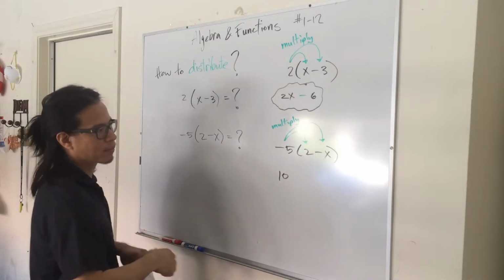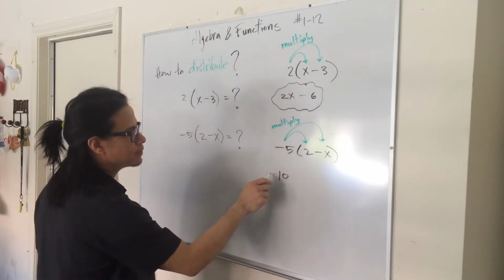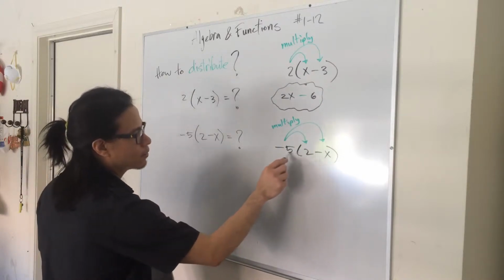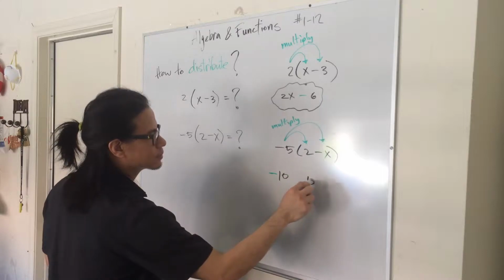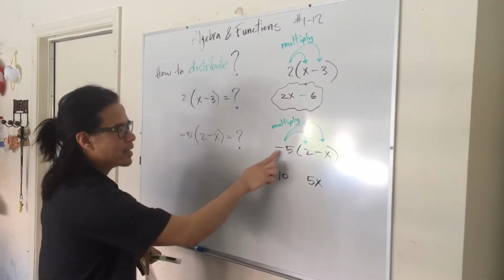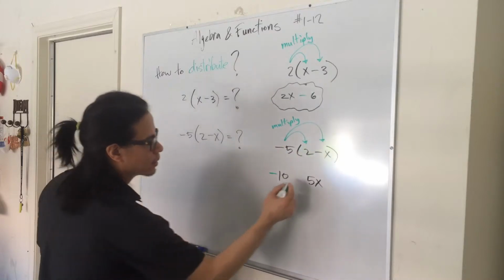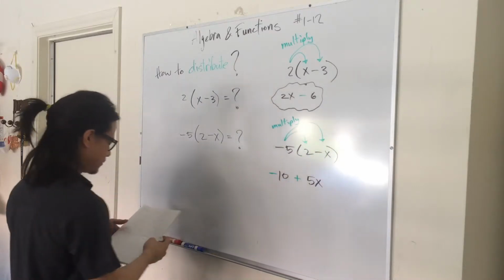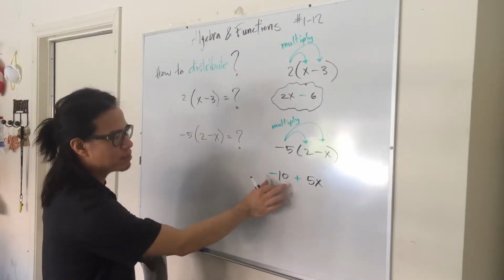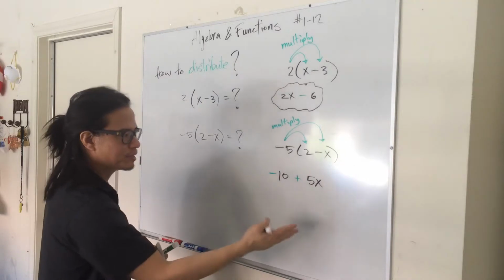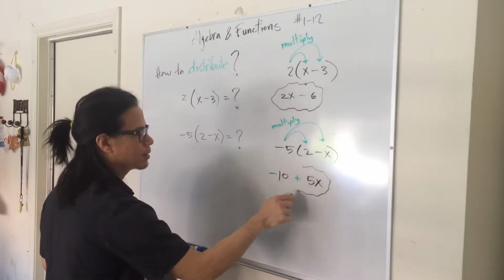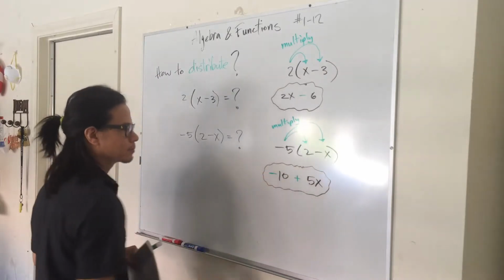Negative times positive. 5 times x is 5x. Negative times negative is positive. So again, the constant term here is separate from the variable term here. We cannot combine it, so just leave it alone.